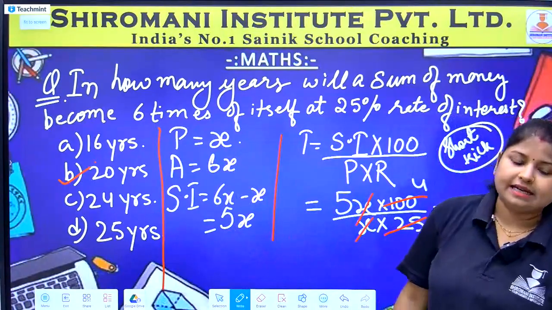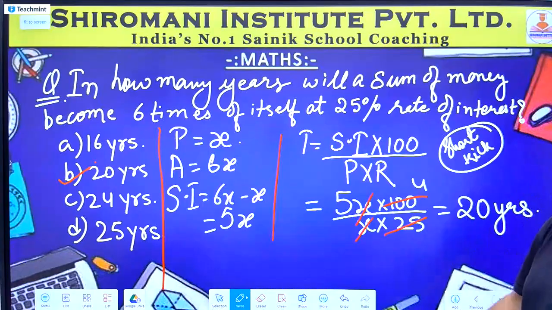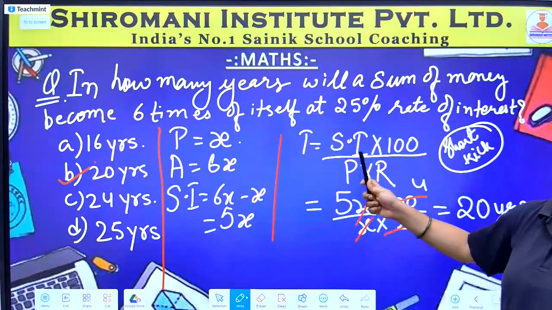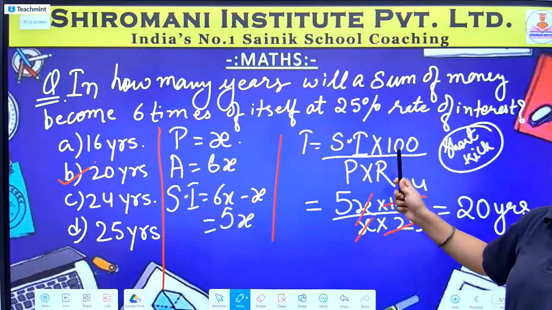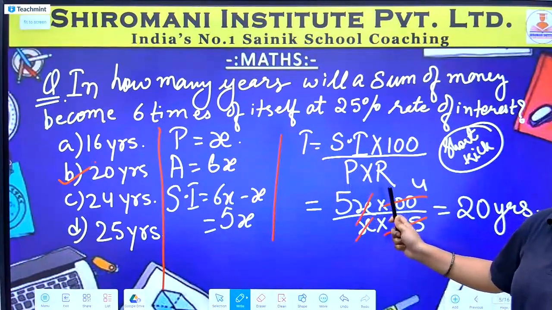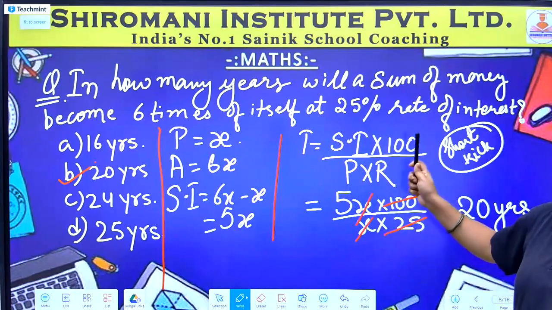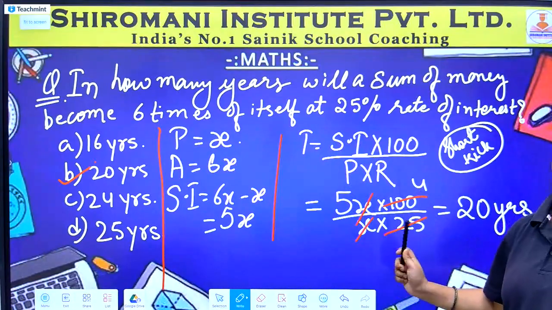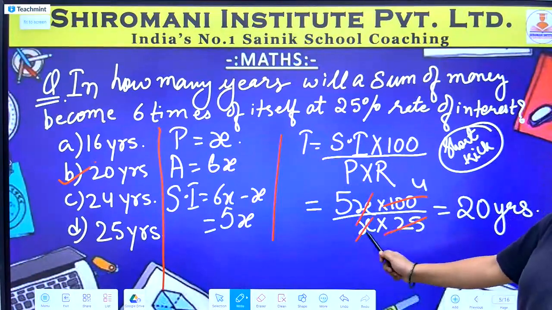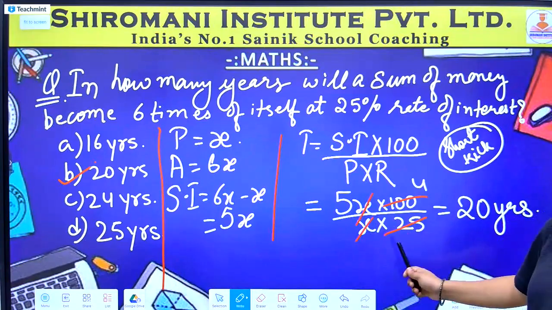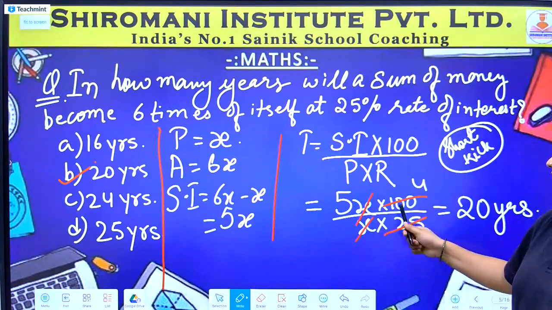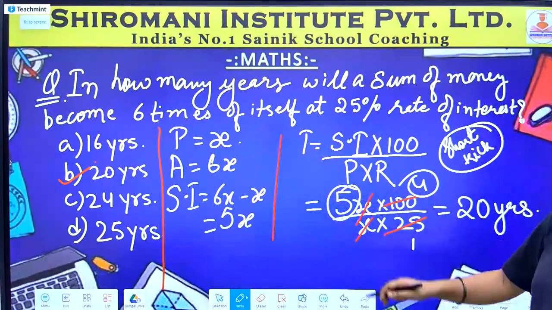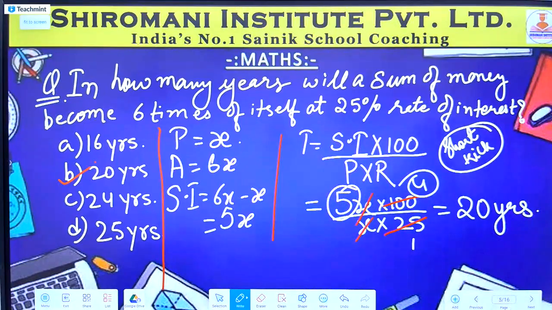Right? Now, I have to find the time, so I will use the formula SI into 100 upon P into R. SI is 5X, 100 stays 100, in place of P I will write X and in place of R I will write 25. X and X you can cut. 25 1s are 25, 25 4s are 100. I am left with 5 and 4. 5 4s are 20 years, dear.